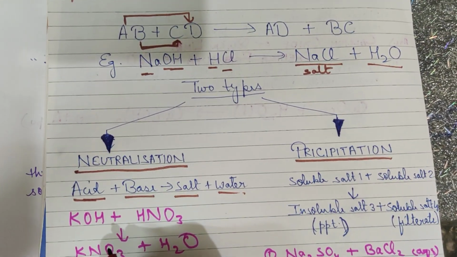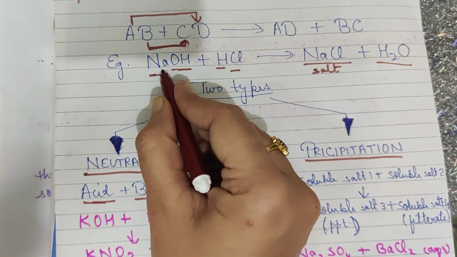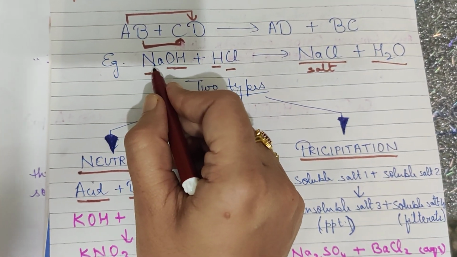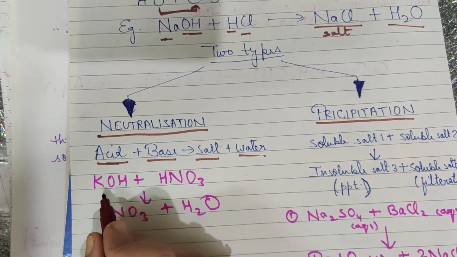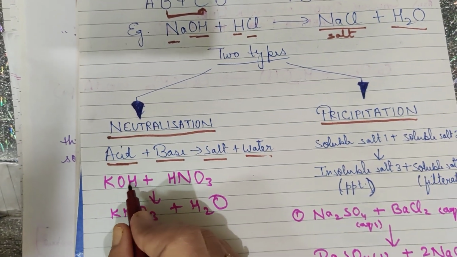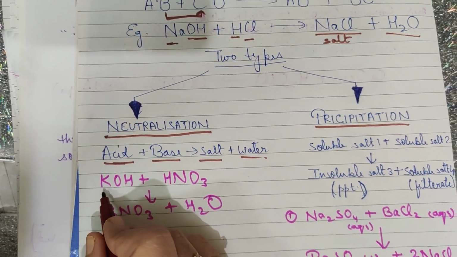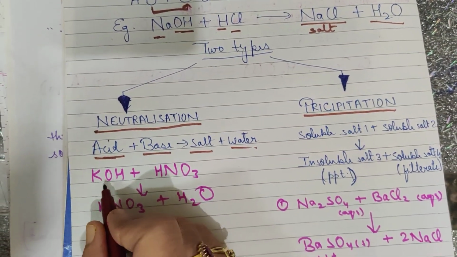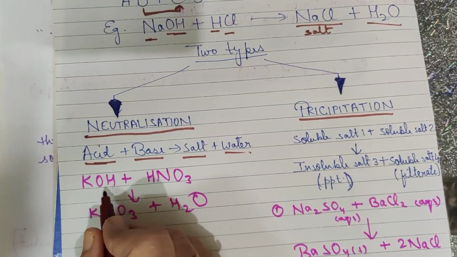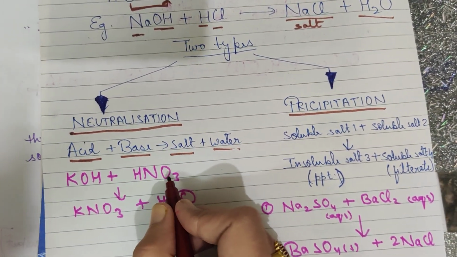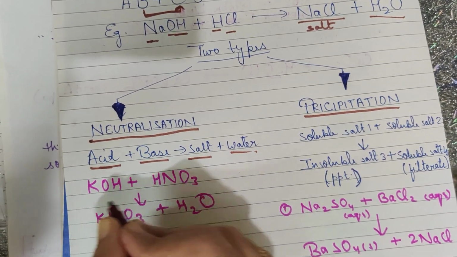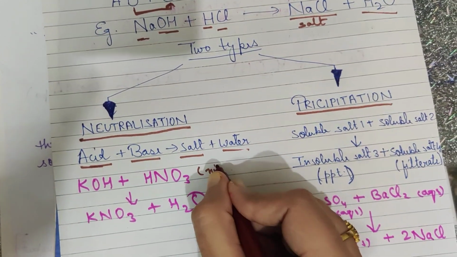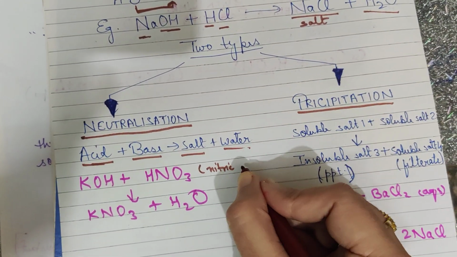So in case of NaOH, it is a hydroxide of sodium, which is a metal, and in case of KOH, it is a hydroxide of potassium, which is again a metal. So bases are oxides or hydroxides of metal. So it is a base. HNO3, which is nitric acid. So I'm writing here nitric acid. These are simple acids which you must have heard of.